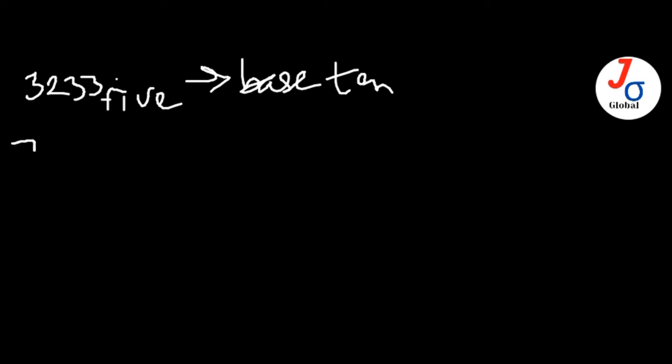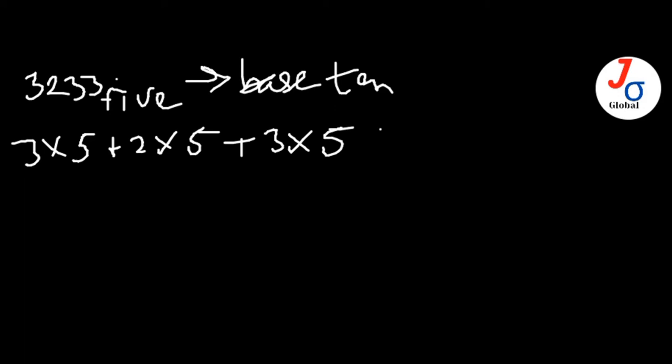So you have 3 times 5 plus 2 times 5 plus 3 times 5 plus 3 times 5. So the power is going to be from the right: 0, 1, 2, then 3.